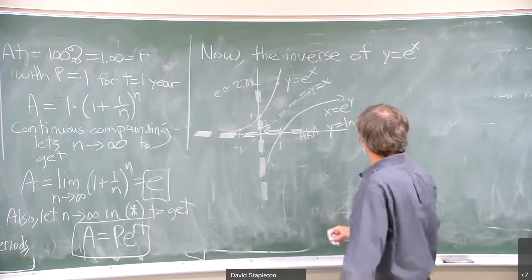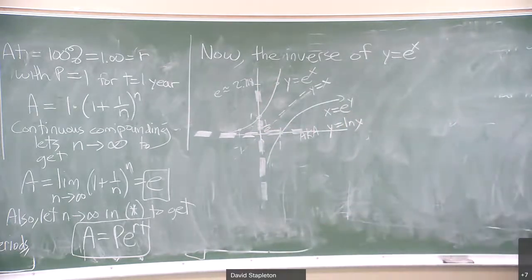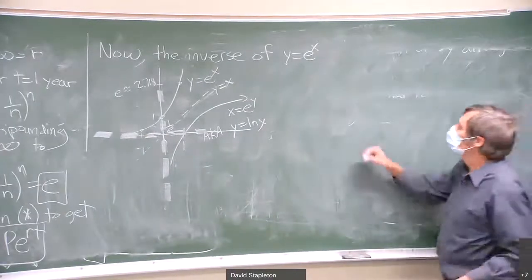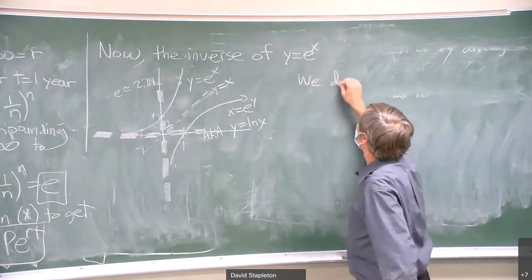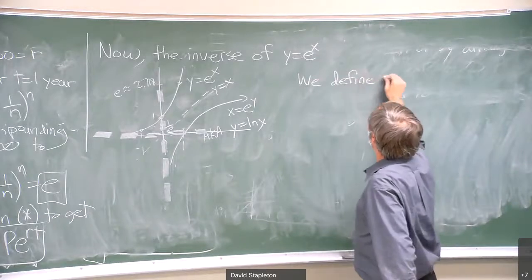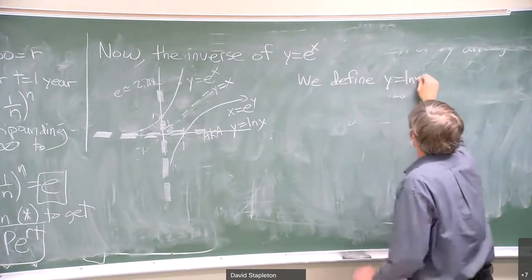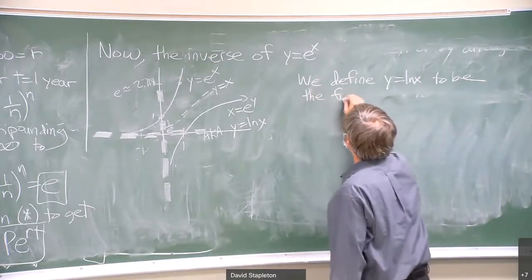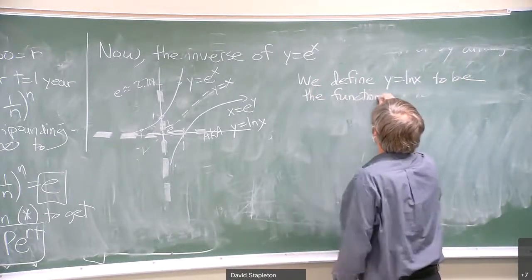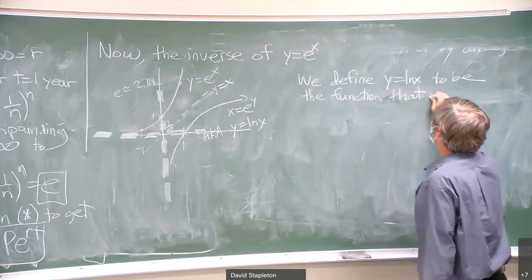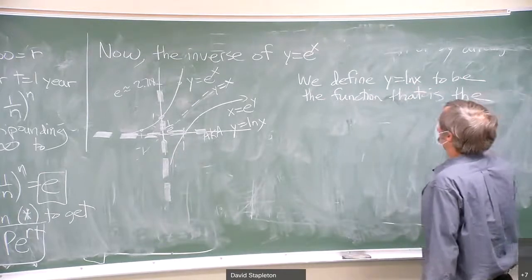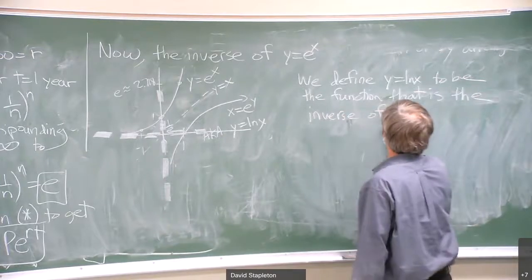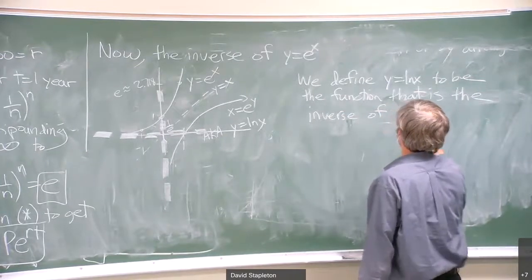So we define y equals ln of x to be the function that is the inverse function of y equals e to the x.